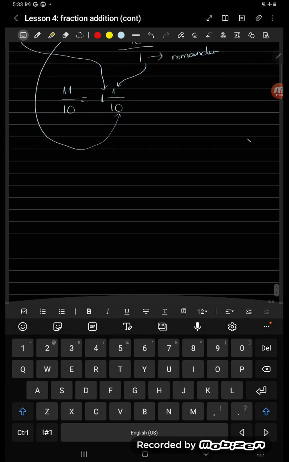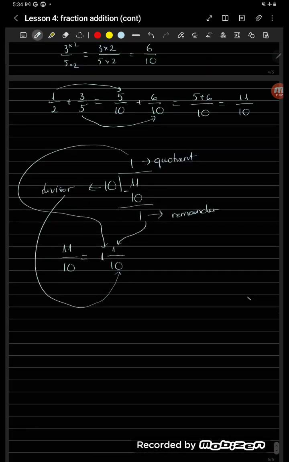We go over another complicated example. Let's say we have 1 over 36 plus 4 over... no, 36 is too big. Maybe I give something easier.